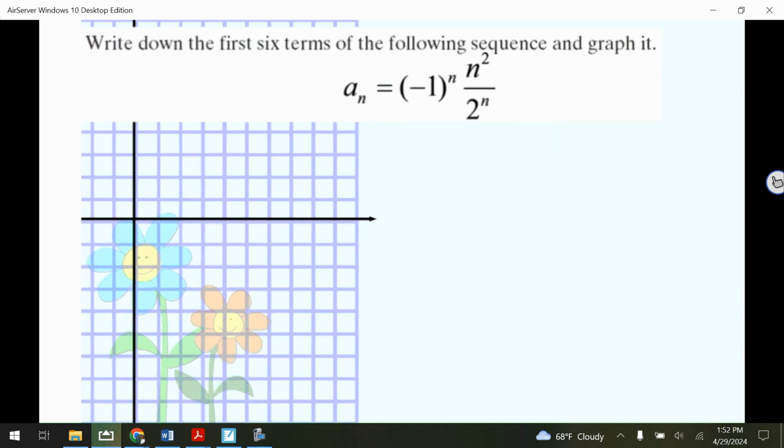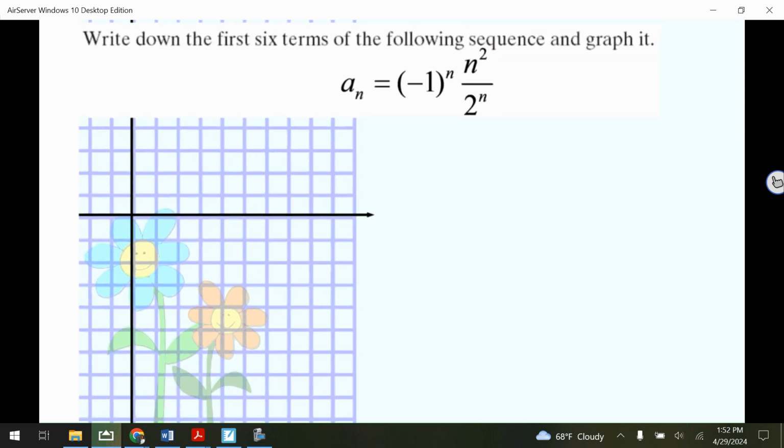So if you're asked to write down the first 6 terms of the sequence and graph it, let's just follow the formula to figure that out. So for n, I can solve for a sub n just using substitution. So n equals 1 has me finding my first term.